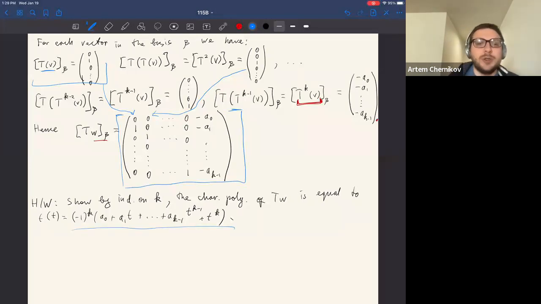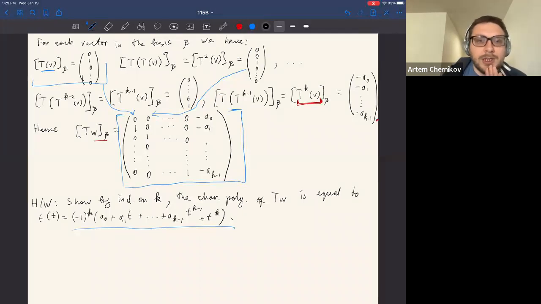And the best way to do it is by induction on k. But again, we leave this for the homework, but we can discuss it also, of course, after the week passes, once the solutions are in.